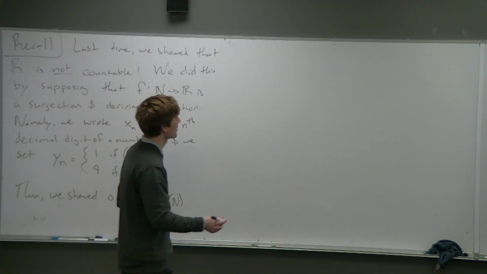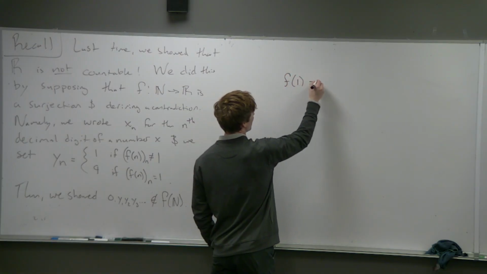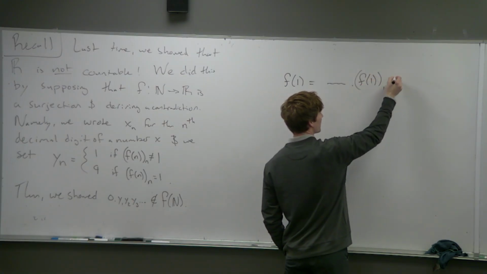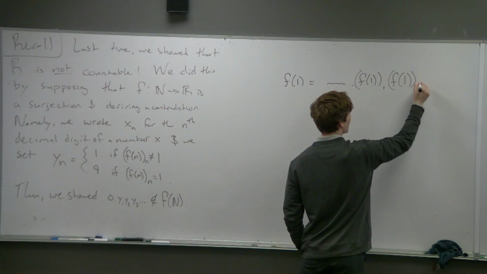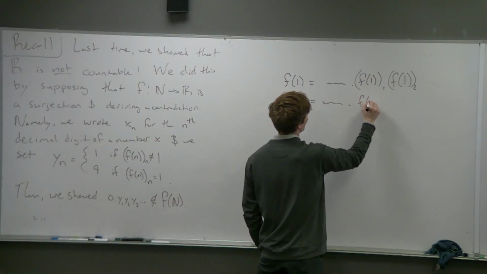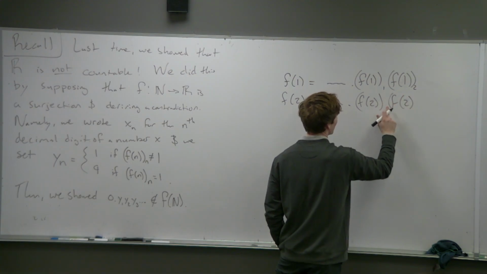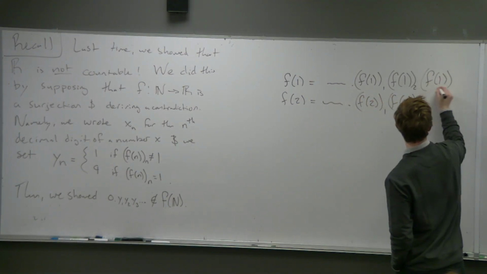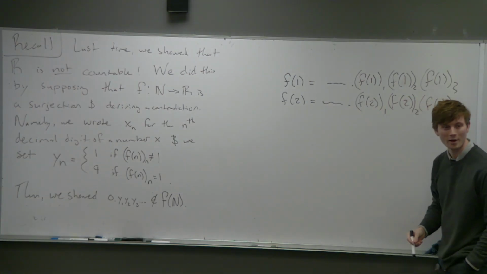That is, if you write f(1), well, you get some stuff, and then the decimal digit, and you have f(1)'s first decimal digit, f(1)'s second decimal digit, and so on. You write f(2), you get some stuff, then f(2)'s first decimal digit, second decimal digit, third decimal digit, and so on, yeah?